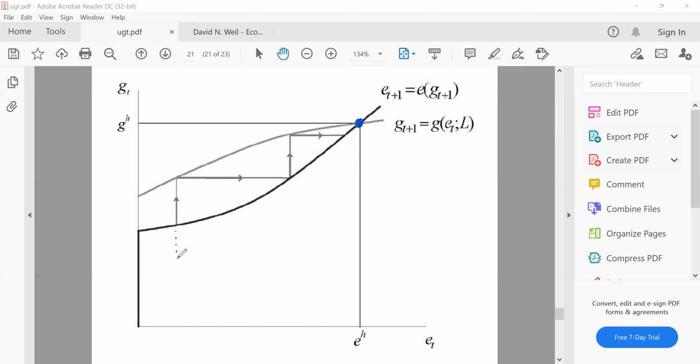If you are here, if this is e_t, g_t+1 is here, right? Because this is that. So if g_t+1 is here, where's e_t+1? e_t+1 is here, right? According to this figure. So education must grow when we are at this point. So that's how we find the arrows.